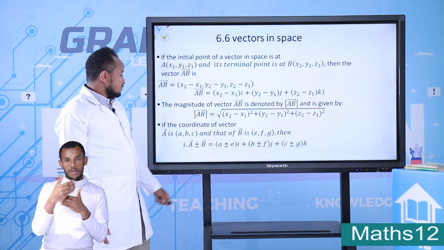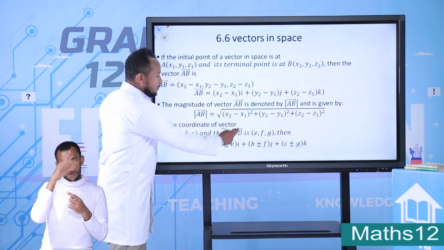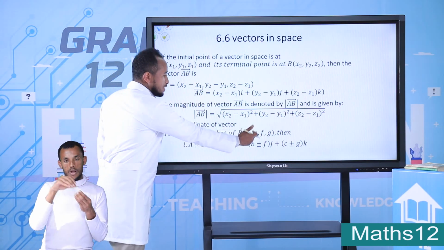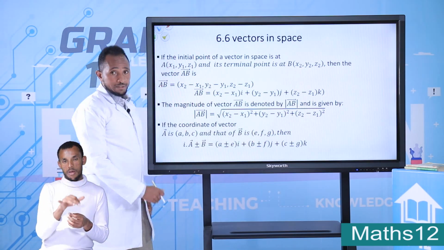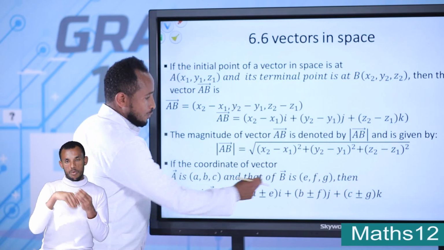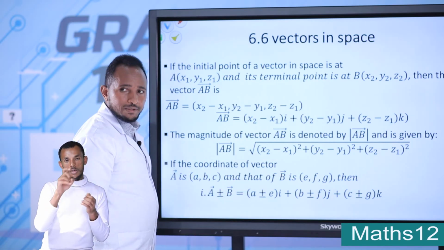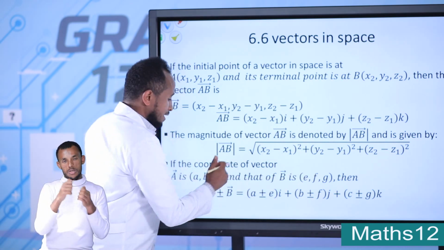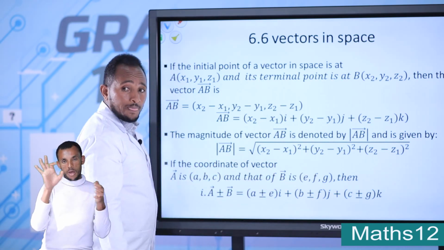If you are asked to find the sum of the two vectors, simply add their corresponding components: x with x, y with y, z with z.